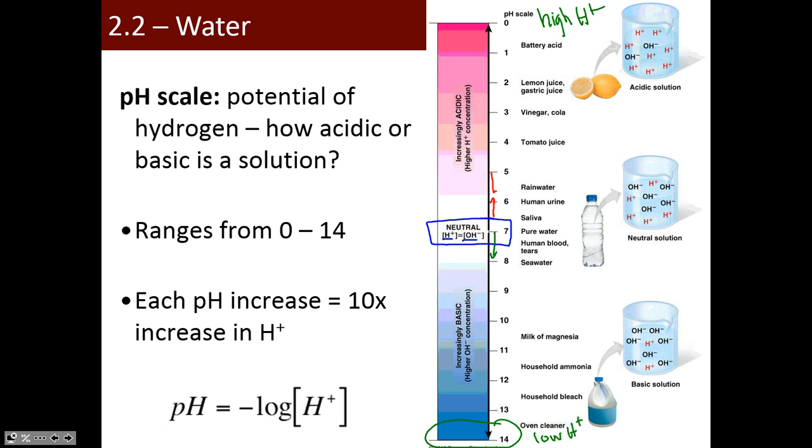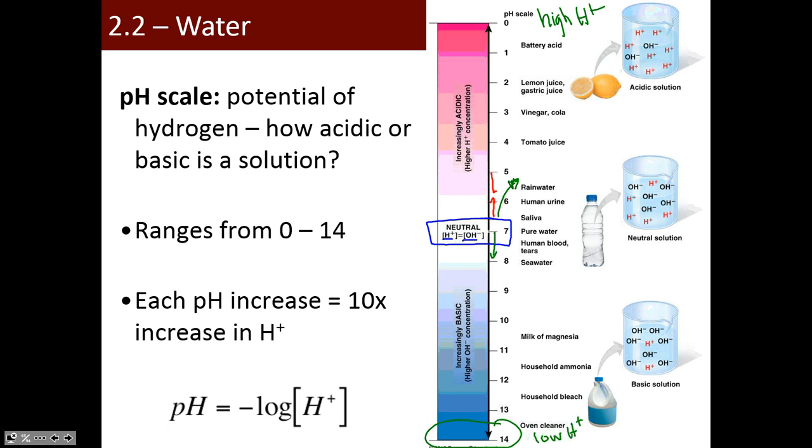Okay? So when you hear conversations, which are declining now, oddly, about acid rain, right? That's because, due to our output of industrial waste into the atmosphere, rainwater is not a pH of 7.